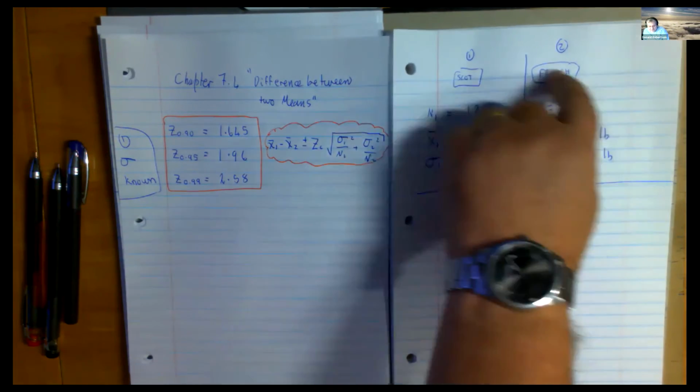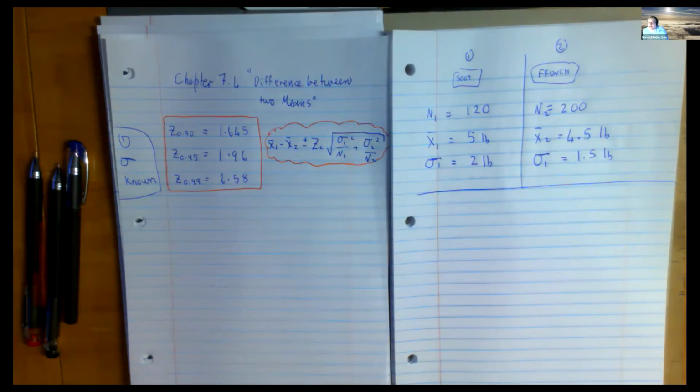Now, all of this you'll be given in the story. There'll be a story about how he went out and captured 120 Scottish rabbits and so on, and then he went to France and did the same thing.